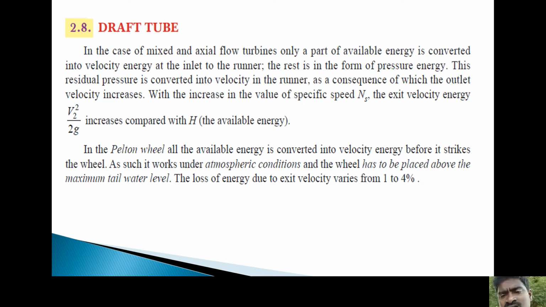Next topic is draft tube. In reaction turbines, draft tube is used. In case of mixed and axial flow turbines, only a part of the available energy is converted into velocity energy at the inlet of the runner.